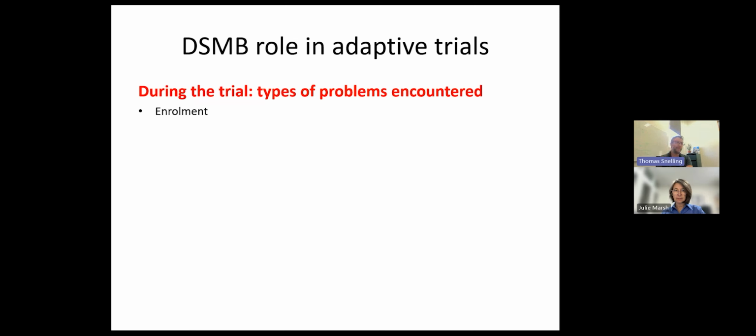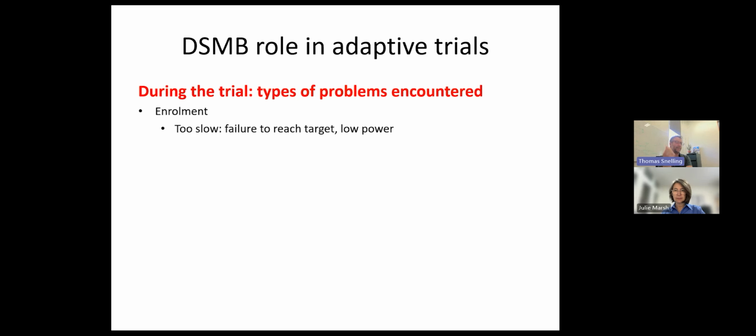I guess the most common issue that DSMBs and trial groups encounter are problems with enrolment, especially enrolment that is slow, where there's a risk because of time constraints that the trial will fail to reach its target, and therefore it'll have low power with regards to the research questions.